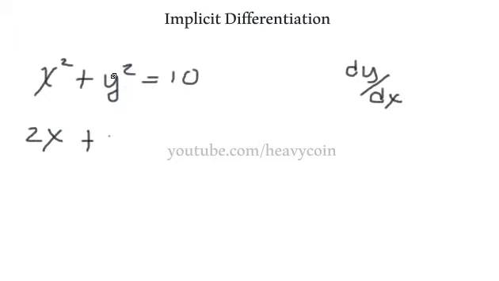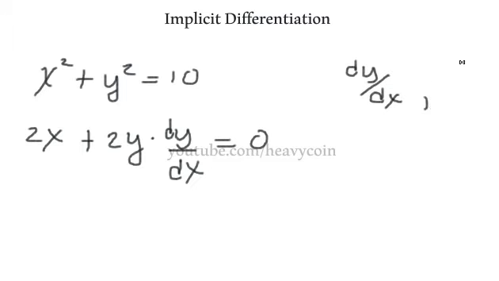But we're going to take the derivative of this just like we normally would, like if this were an x here. So the derivative of y squared is 2y, but every time we take the derivative of y, we're going to write dy over dx right next to it. And the derivative of a constant is 0.